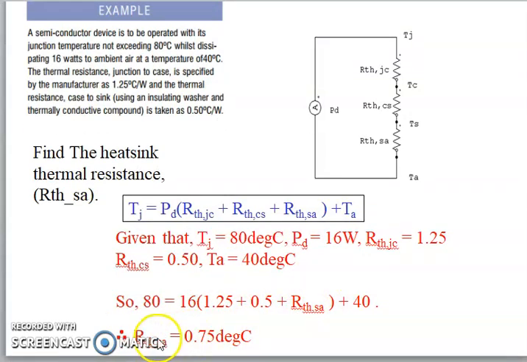Okay, it is R thermal SA, which is the value of the heatsink. Based on the data that we have, we put it into the formula. We are able to calculate and come up with the value of the heatsink that we require for that scenario.